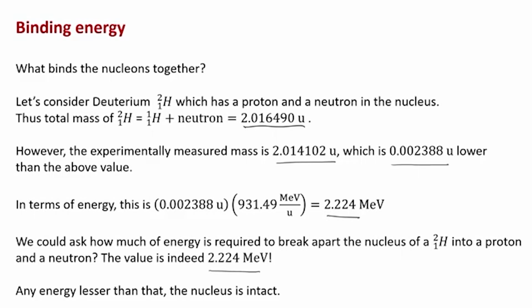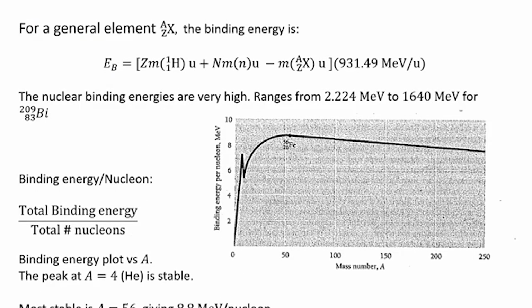Any less energy that you supply, the nucleus will remain intact and the nucleus doesn't break apart. If you give this energy, then of course the neutron and proton can be separated from the nucleus.